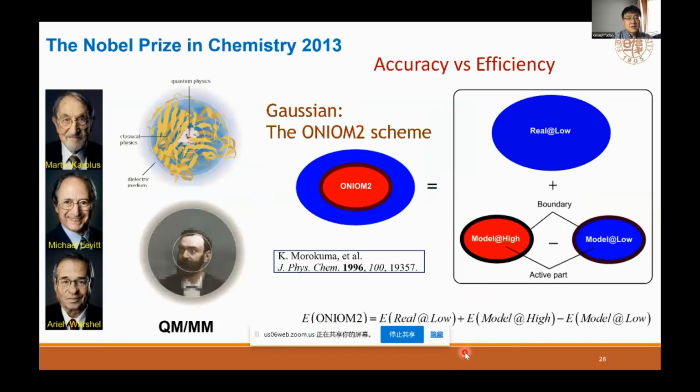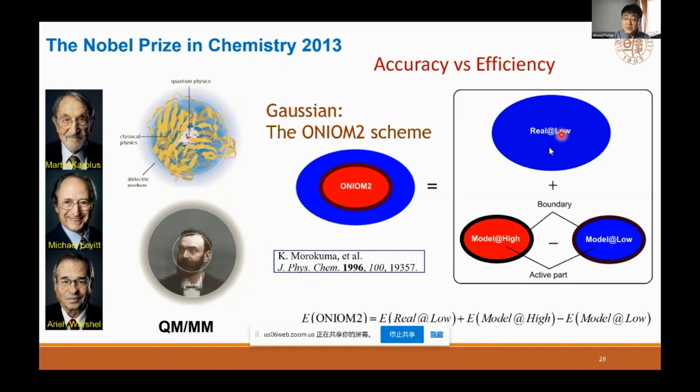As is well known, QM/MM is a powerful method that describes the active center accurately, while considering the environment effect. More specifically, this is the ONIOM-2 scheme developed by Morokuma's group and implemented in Gaussian for molecular systems.